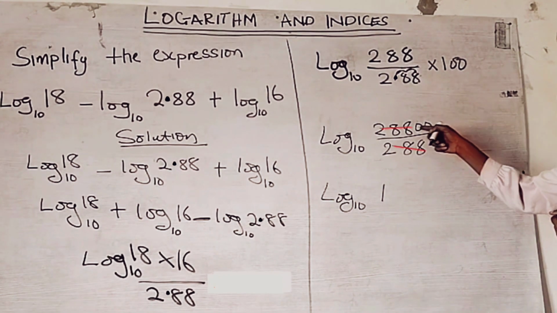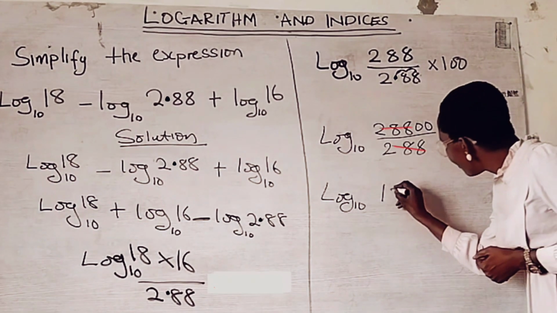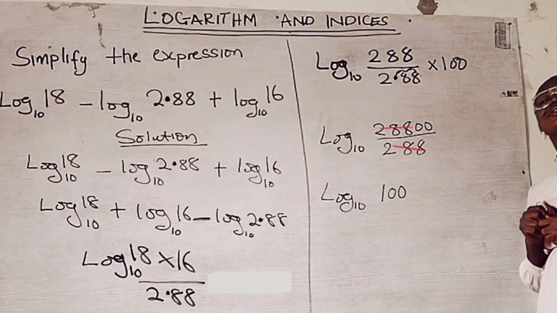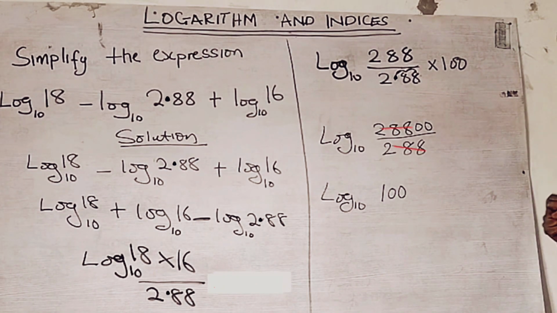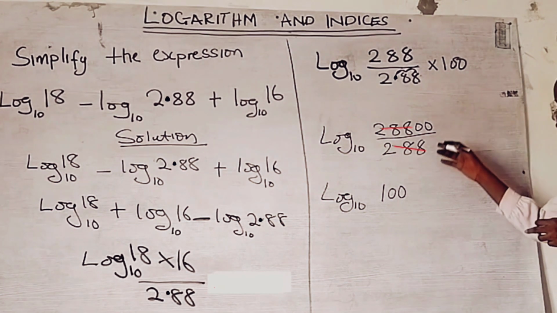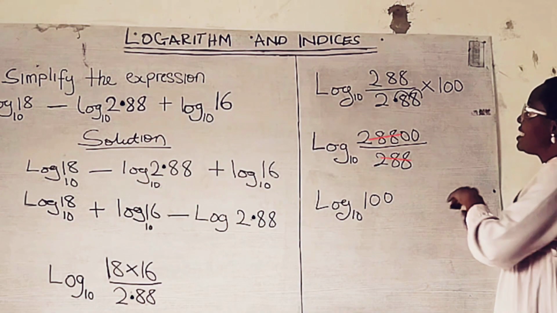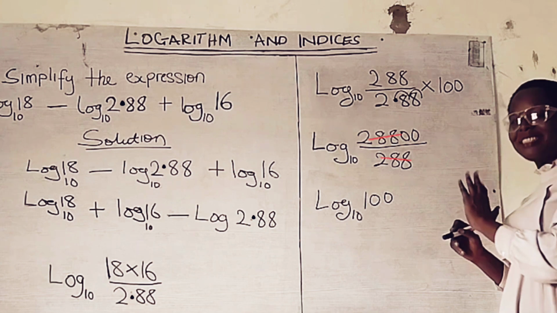I'll carry these 2 zeros. Do you get it? Use a calculator and you see this is what it gives you. Quite easy mathematics.